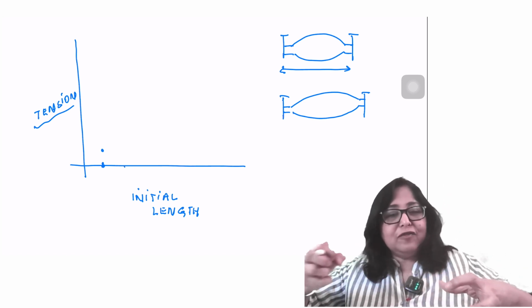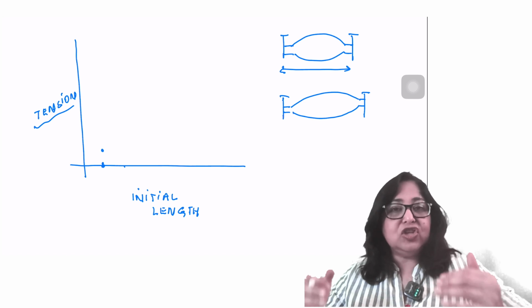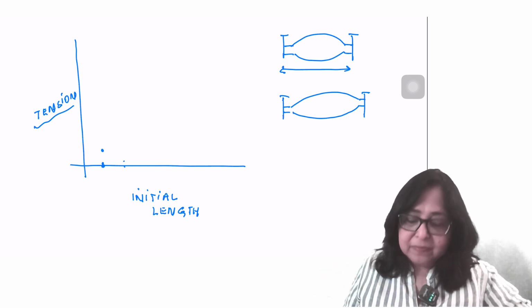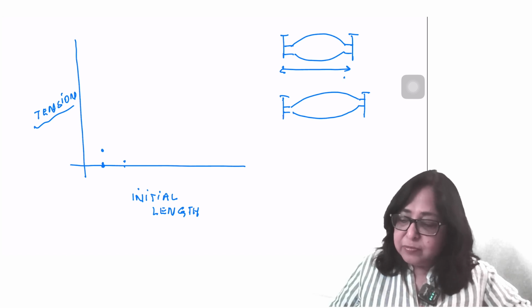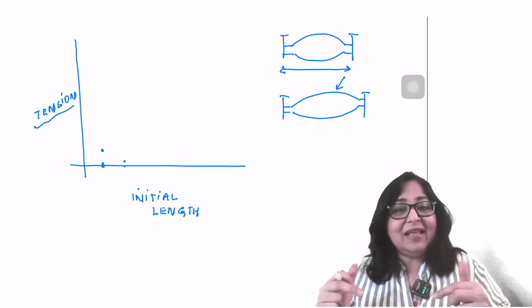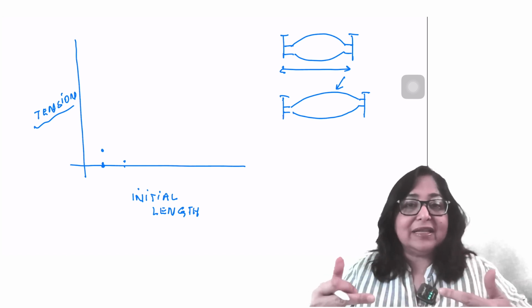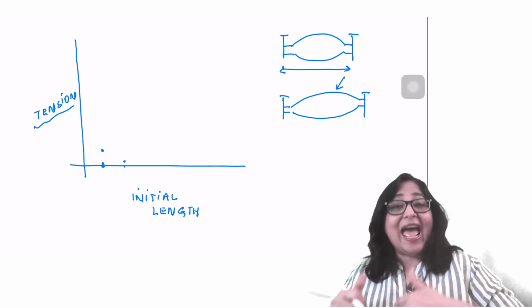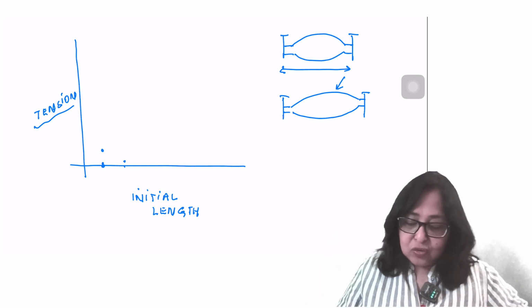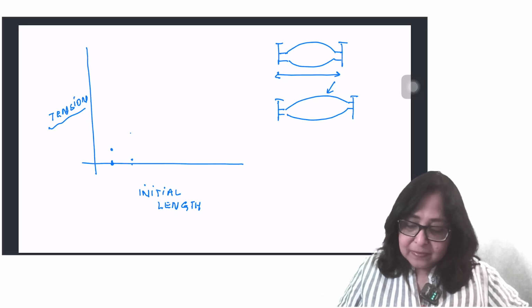Now, because of the stretch, the tension generated is called passive tension. We measure that. That will be slightly more. Now we give a stimulus to the muscle. The muscle will contract. Now the tension generated in the muscle will be called total tension. It includes the passive tension and the tension generated due to the isometric muscle contraction. So total tension was this much.